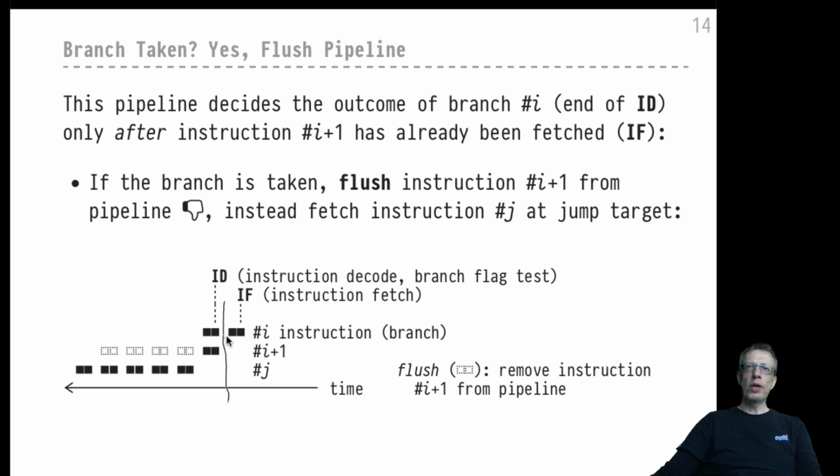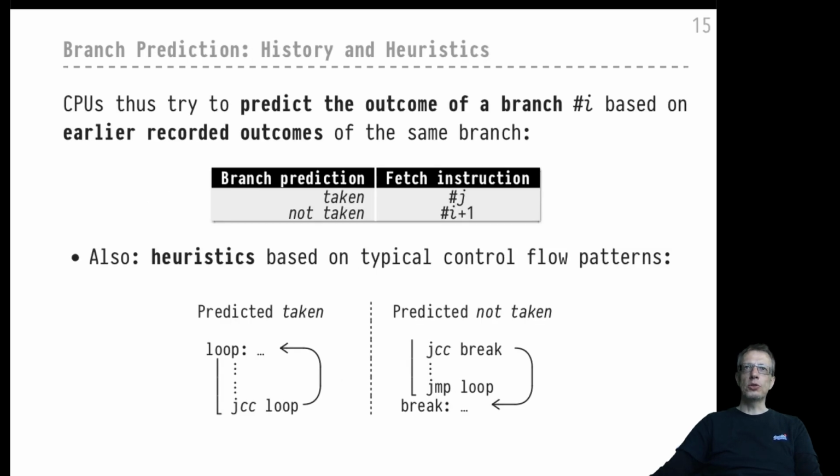But knowing the outcome before we do the decoding and have tested the branches would be a miracle. We would have to have the ability to predict the future. And this is indeed what modern CPUs try to do. They try to predict the outcome of branches before we are actually in the position to evaluate the branch flags.